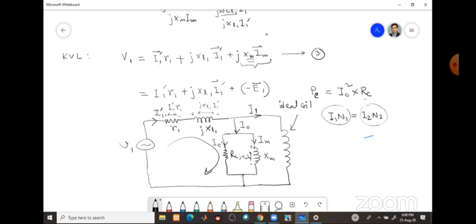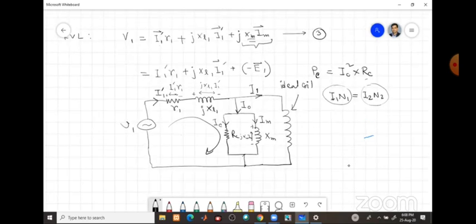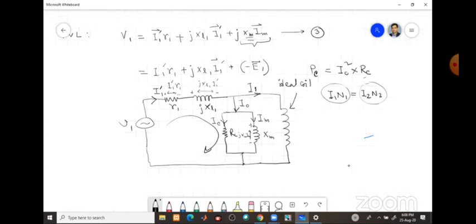That is only for representation, because I1 should flow through some element. So therefore we are showing it like this. So this is basically an ideal coil. So have you understood this part? So this is the equivalent circuit for the primary coil. Just now I have drawn the equivalent circuit for the primary coil.